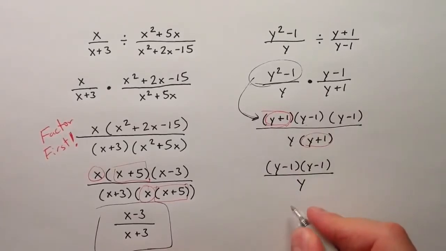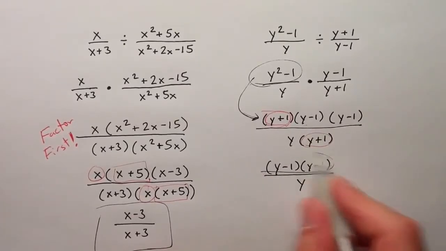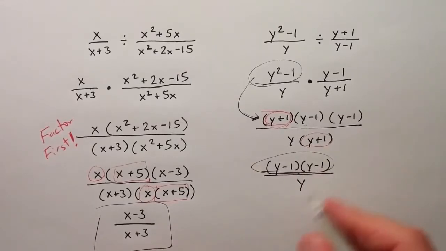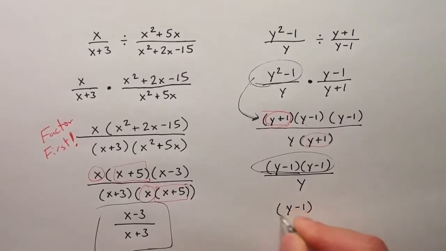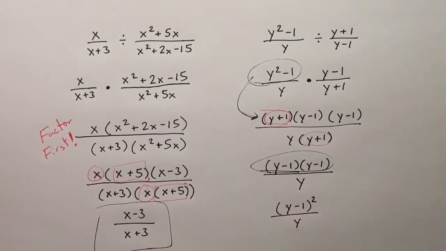And I could write that a little bit more simply because that factor is now repeated. Since I have the same thing up top, I can write that as y minus 1 squared over y. I wouldn't have to, but I could write it more simply in that way.